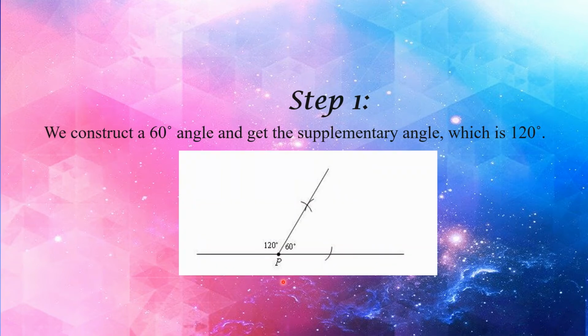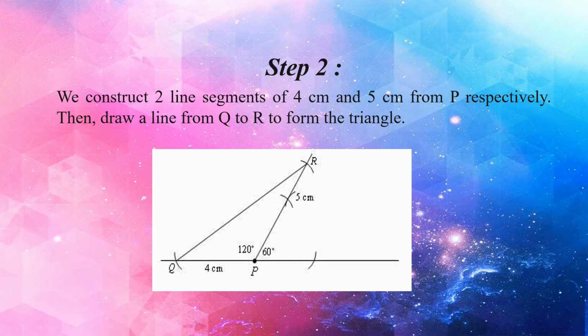We construct a 60 degrees angle and get the supplementary angle of this, which is 120 degrees. Step 2. We construct two line segments, 4 centimeters and 5 centimeters from P respectively. Then draw a line from Q to R to form a triangle.